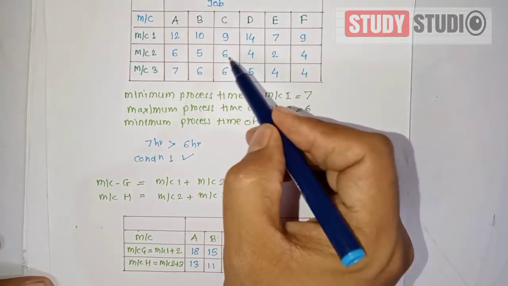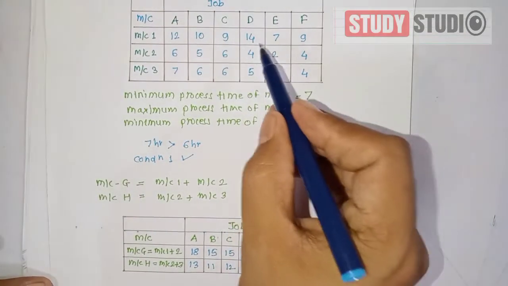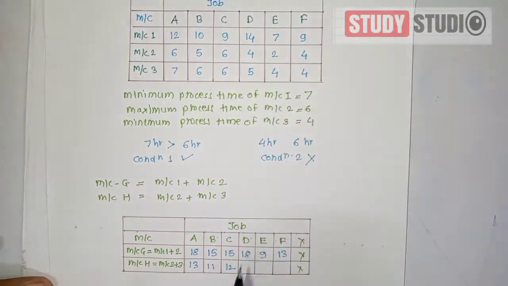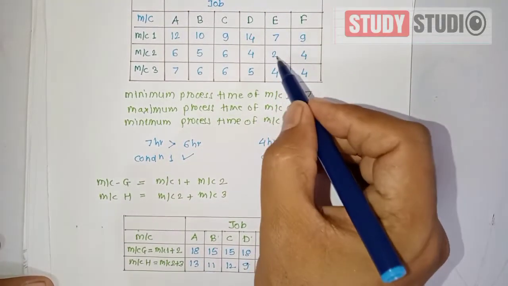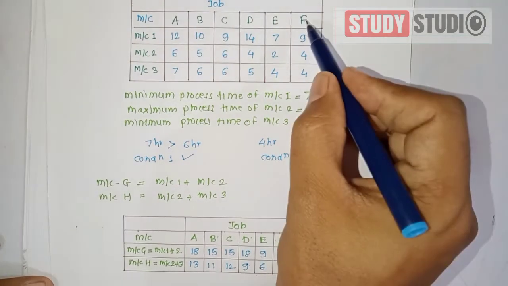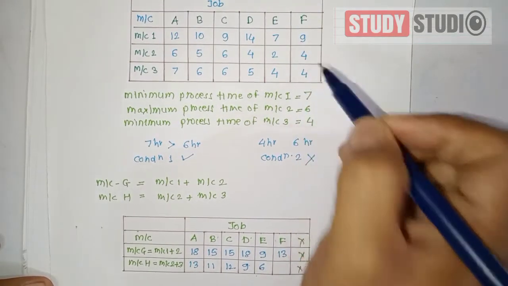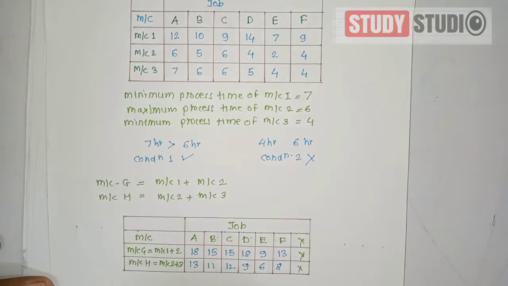Then job C, 6 plus 6, 12. Job D, 4 plus 5, that is 9. Then for job E, it is 2 plus 4, that is 6. And for job F, it is 4 plus 4, that is 8. So this is the conversion of 3 machines processing time into 2 machines processing time.